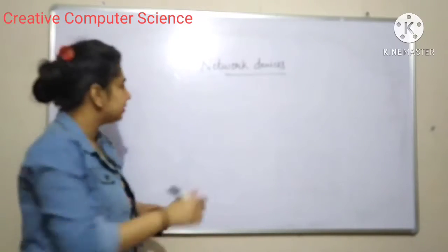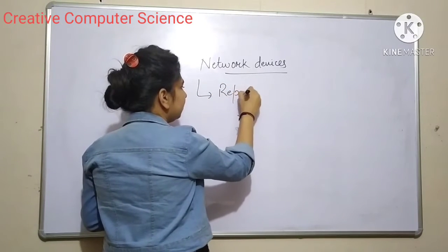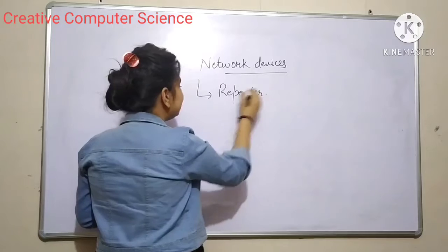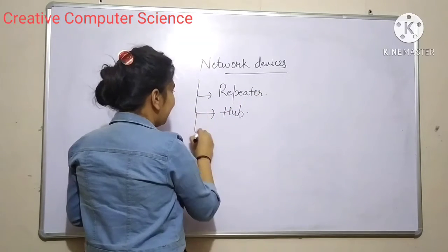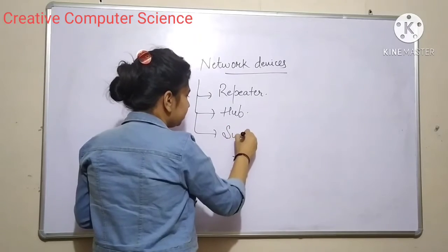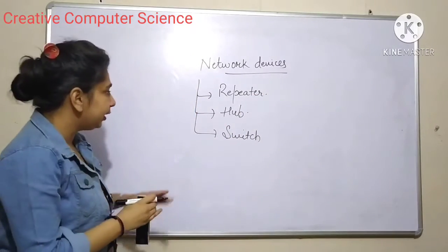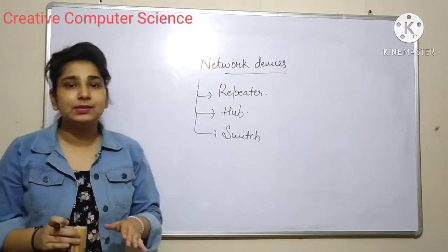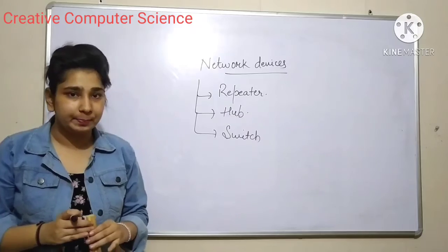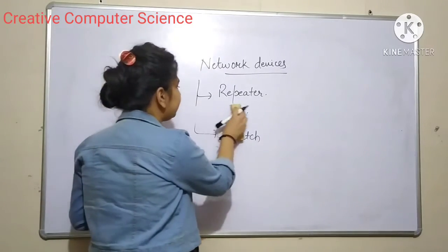The first one is the repeater, the second one is the hub, and the third one is the switch. In this video we are going to discuss these three network devices one by one. So let's first discuss what a repeater is.